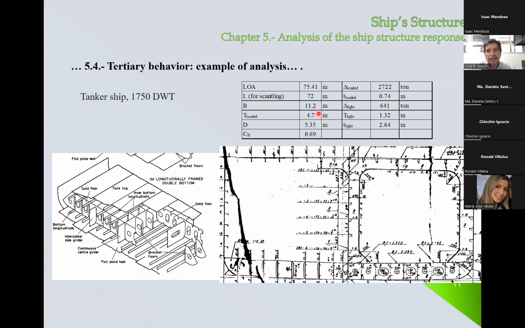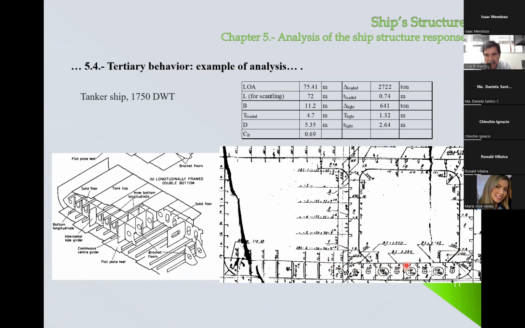If the beam is 11.2, how much is from here to here? Give me a value. Yes, exactly. You can divide 11.2 divided by 2. That's how much? Come on. 5.6. Yes, 5.6. So from here to here, 5.6.